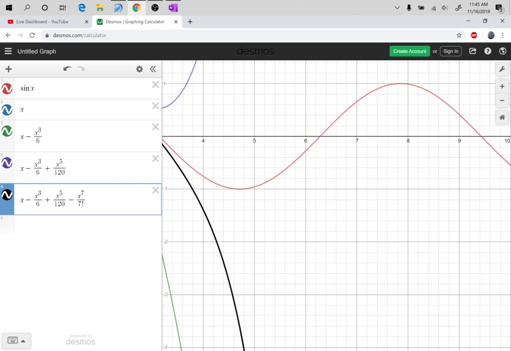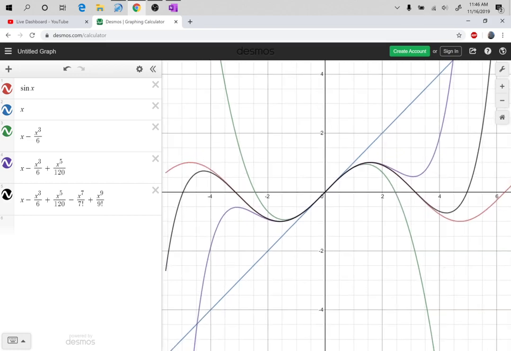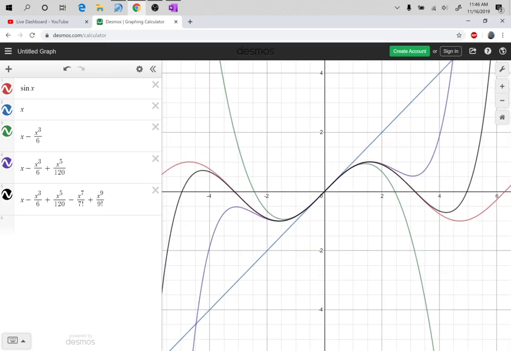And then we're going to add another x to the 9 divided by 9 factorial. That's this black line. And look at the black line following the red line almost to 2 pi. I effectively turned the sine function into a polynomial.